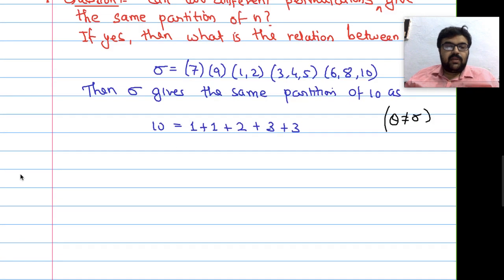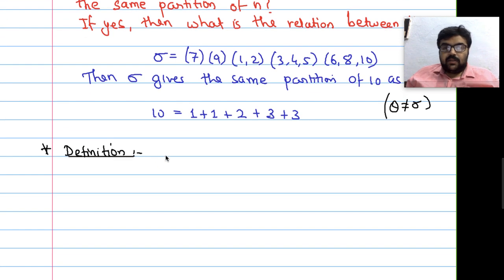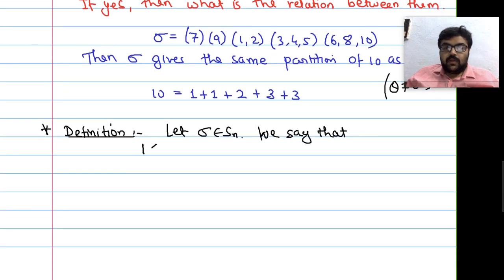Before that, we define what we mean by a cycle decomposition. It is the same as a partition. So let sigma belong to Sn. We say that n1, n2, and so on up to nk, integers bigger than or equal to 1 and less than or equal to n, is a cycle decomposition of sigma.